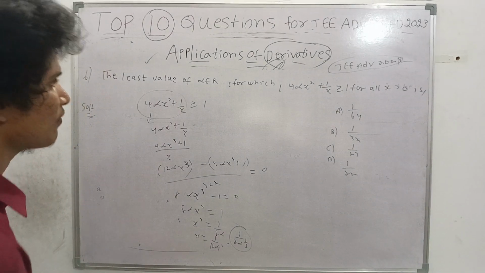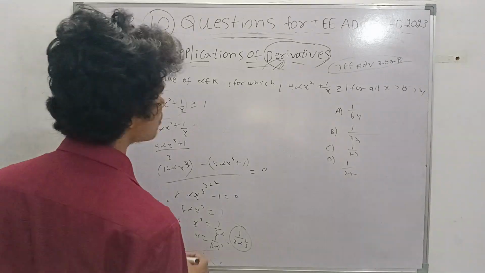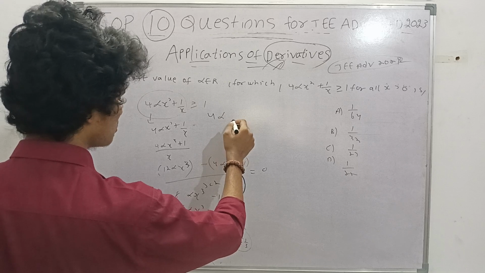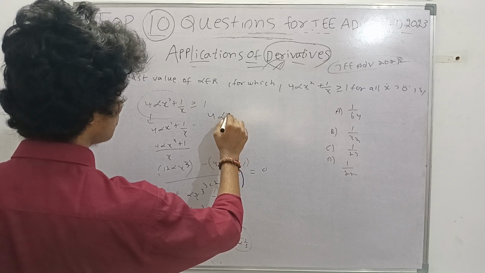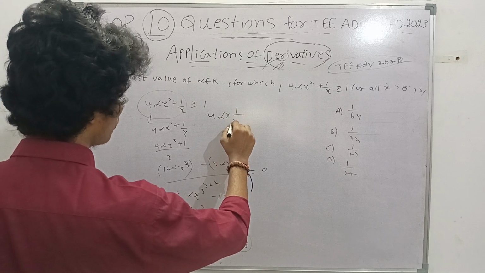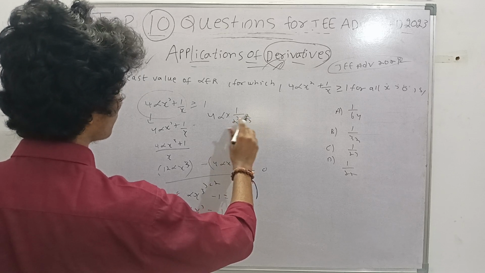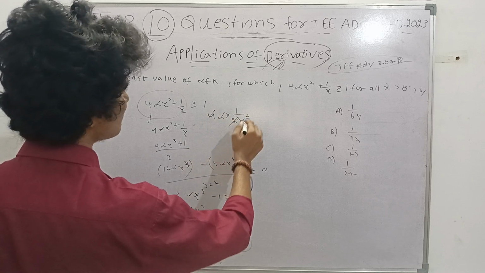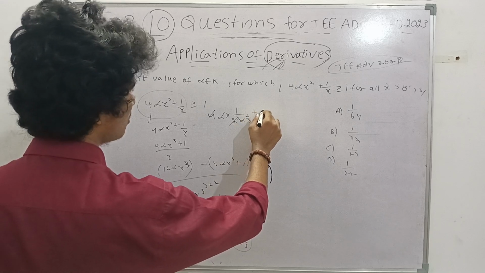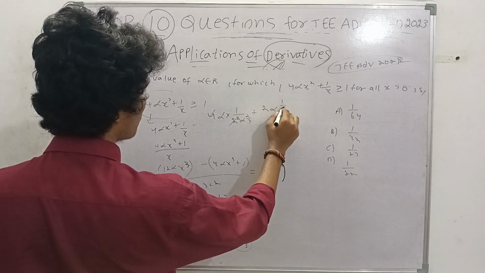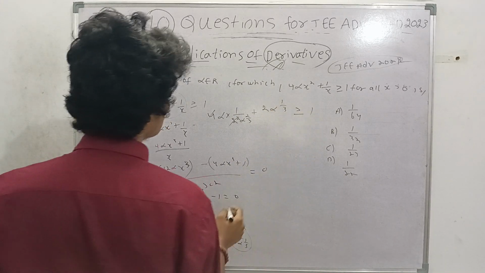They asked for the least value of alpha. So what can we do? We can substitute here 4 alpha into 1 by 2 square alpha power 2 by 3. These two things will get cancelled, plus 2 alpha power 1 by 3 greater than or equal to 1.